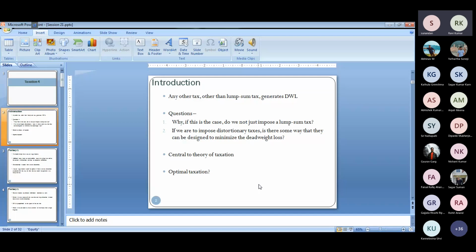Second thing is, obviously there should be some reason why any government in the world will go for inefficient distortionary taxes. All the countries impose distortionary taxes. So there is a reason for that. Then the next question that one should ask is, suppose we have to impose distortionary taxes, then is there a mechanism of reducing or minimizing the deadweight loss, or what is optimal taxation?